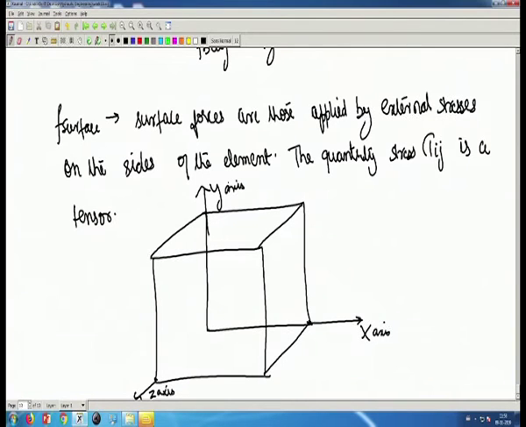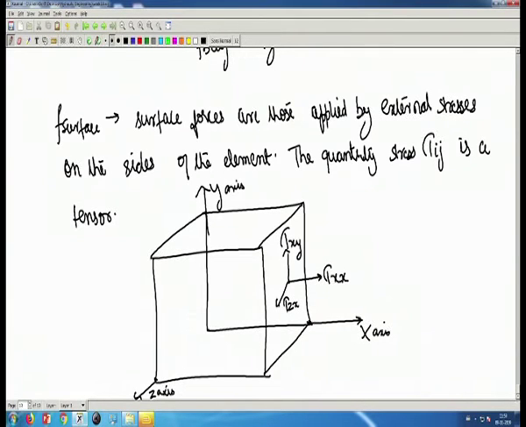Alright. So, the stresses on the side need to be represented, alright. So, this is x side, so the normal stress here is going to be tau xx, alright. So, the shear stress on this face, but going in y direction, is called tau xy, right.